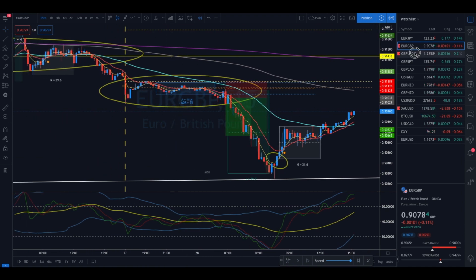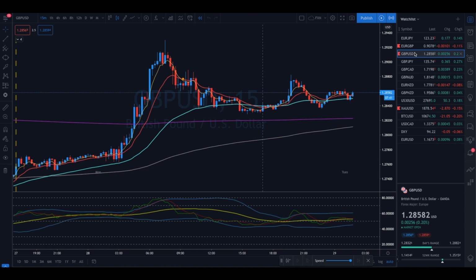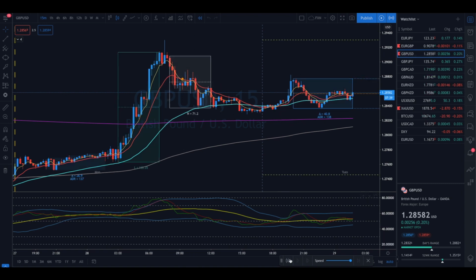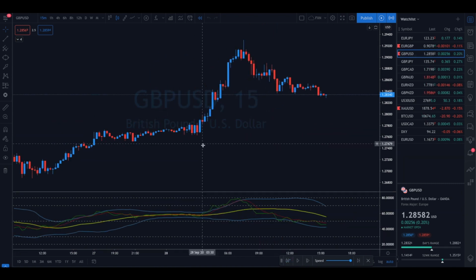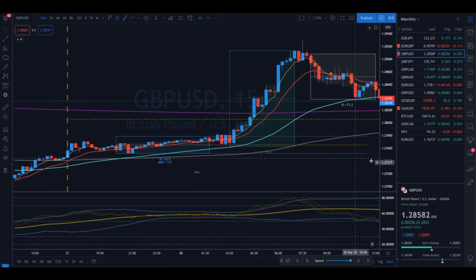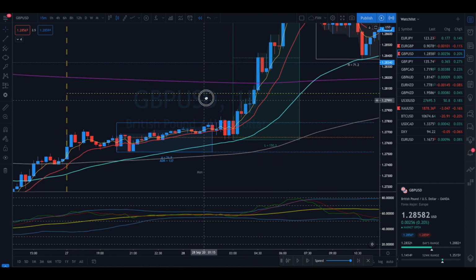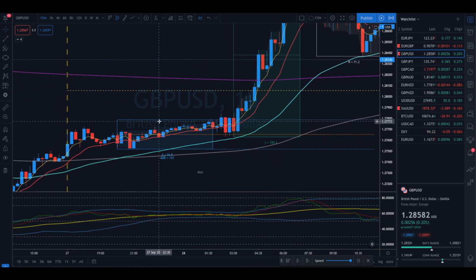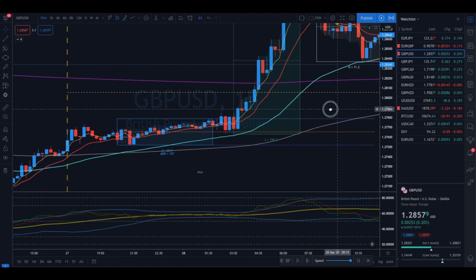Another one that literally did the same thing was on Pound USD, and same thing yesterday. You could see here we ended up getting a cord of wood, back and forth, back and forth. This candle here is the one that tells me, hey, we're going to go long on this.